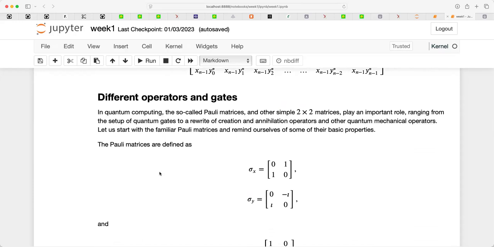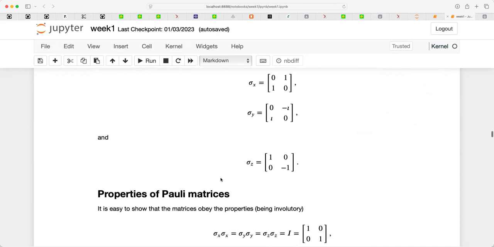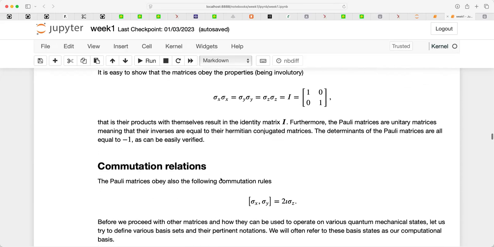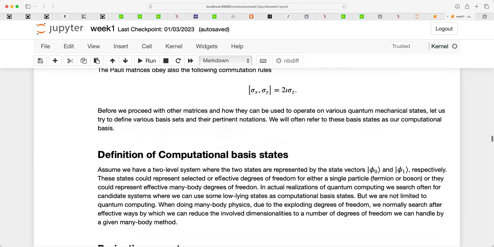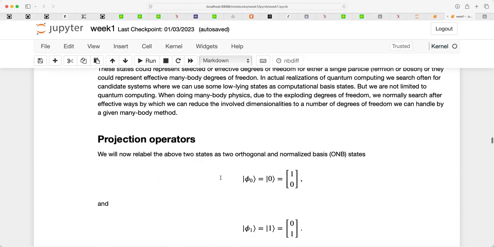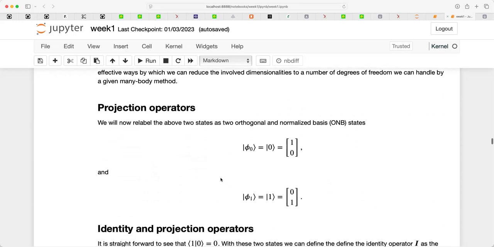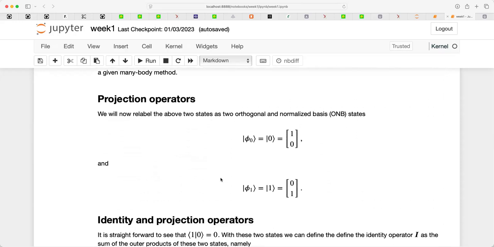A set of matrices which we also meet again and again are the Pauli matrices, because they are going to define specific gates. These are two of these matrices, and they have specific commutation relations, which was one of the exercises. We are going to define the basic qubit states in terms of these vectors.